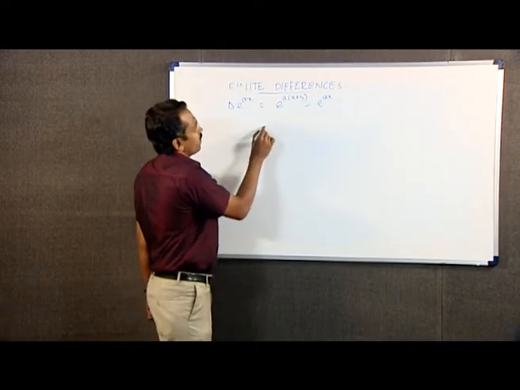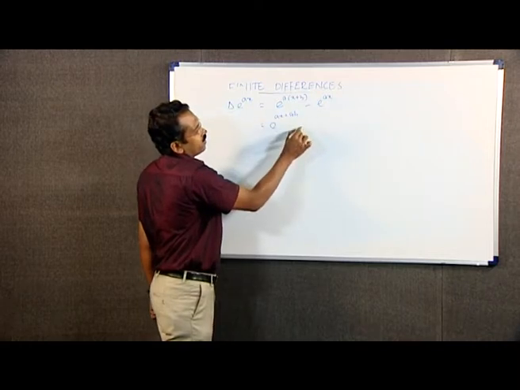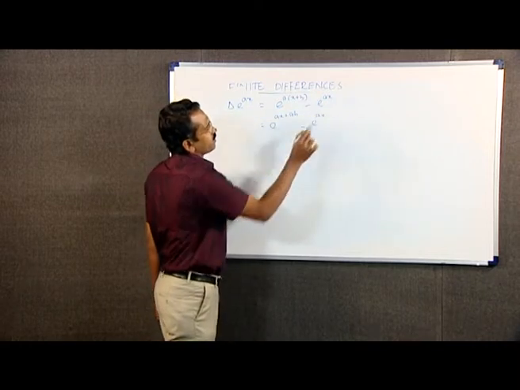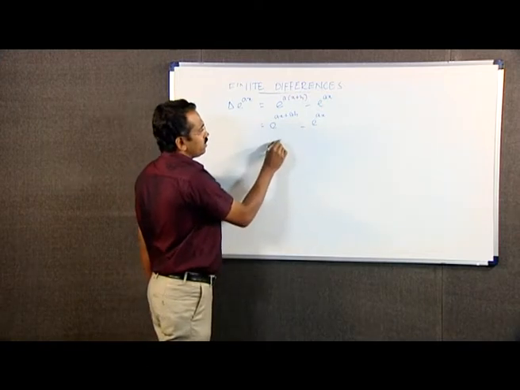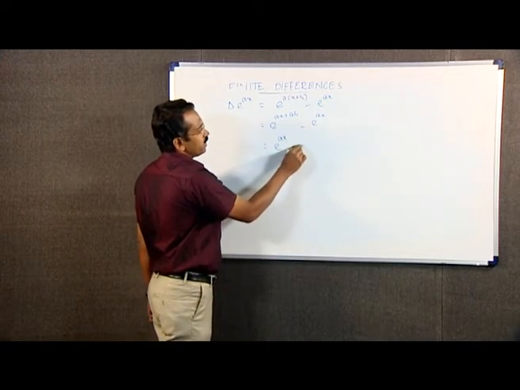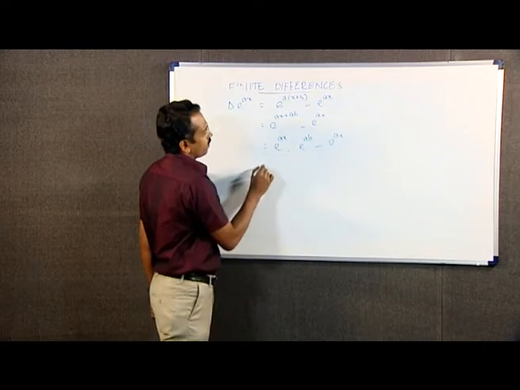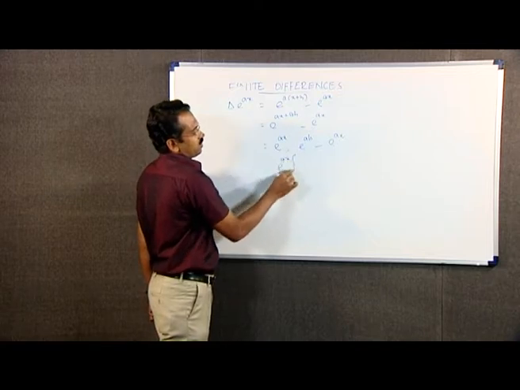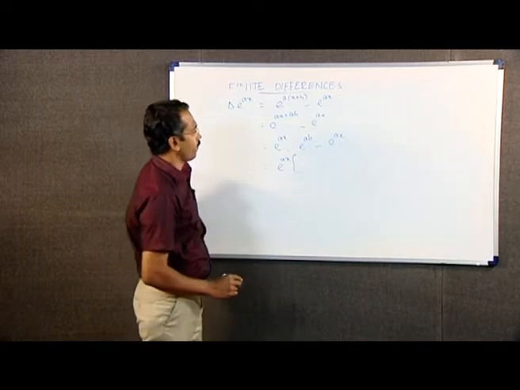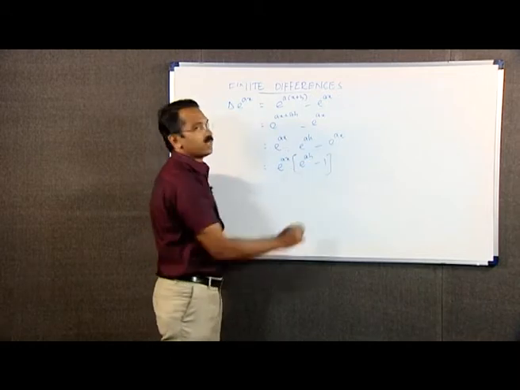That is equal to e raised to ax plus ah minus e raised to ax, which is e raised to ax into e raised to ah minus e raised to ax. e raised to ax can be taken in common, that is e raised to ax into e raised to ah minus 1.